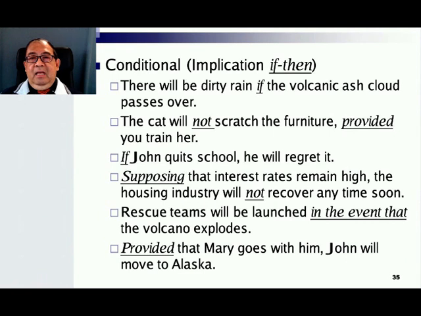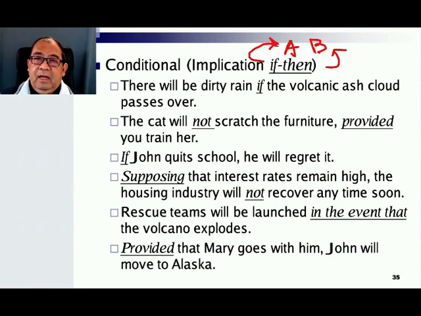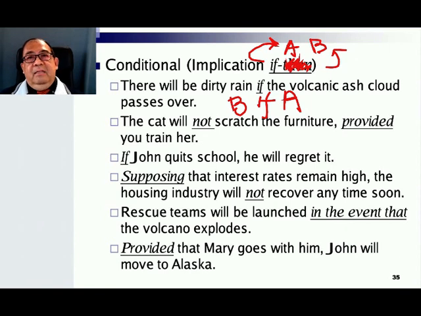The first is, you should say that if A, then B. Now if you do not use the then, you just use the if, then that becomes B if A. This is the opposite way of saying the same thing.